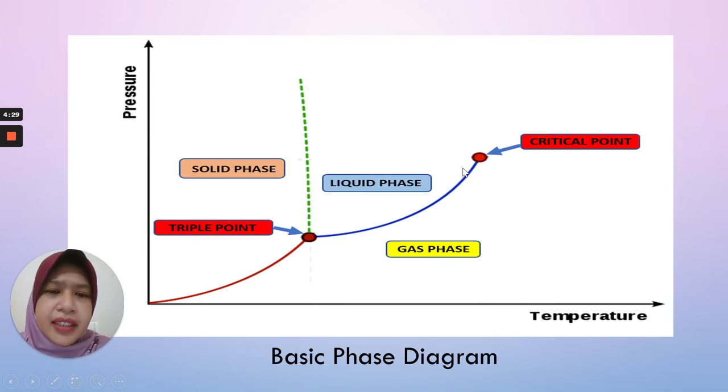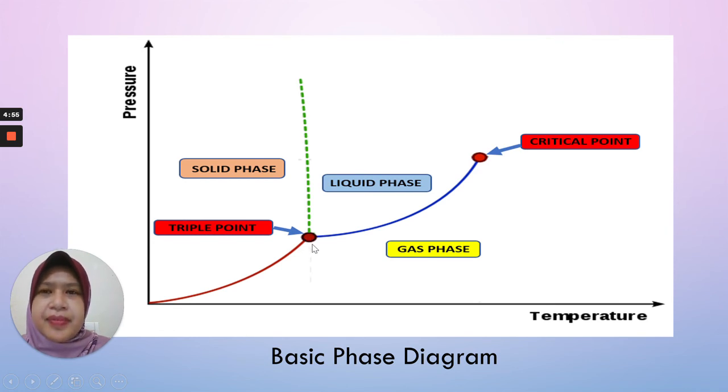Another important feature in the phase diagram is the triple point. This is very important. What is the triple point? The triple point is the point on the phase diagram where the lines of equilibrium intersect.